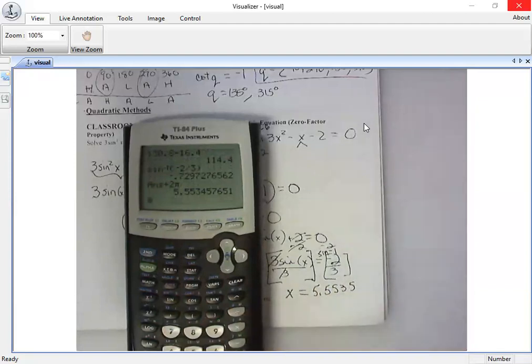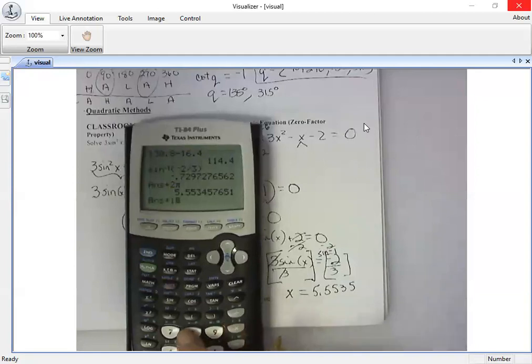Okay, now that's actually going to be in what quadrant? Do you know? Let's figure this out. I could change it back to degrees if I multiply by what? By 180 over pi.